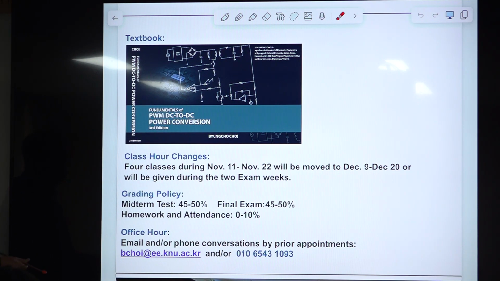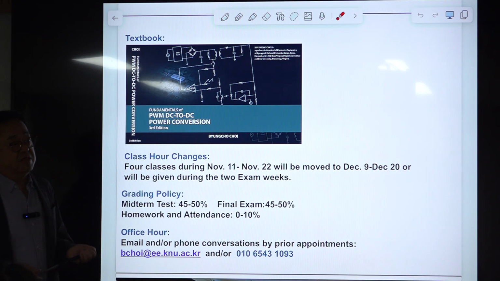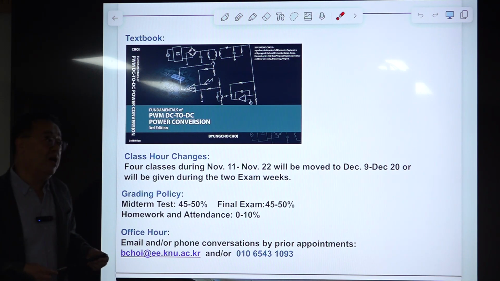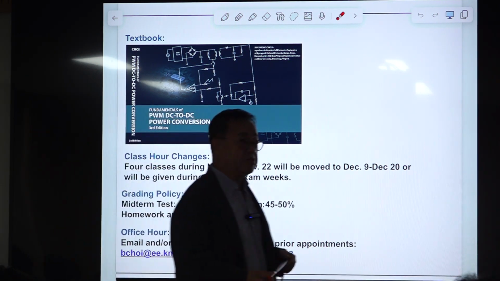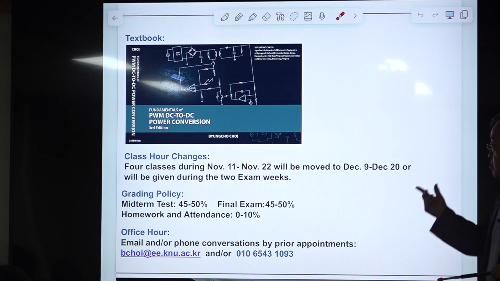So this is a very cost-effective book. I strongly recommend buying this book. I spent 10 years on this, and a lot of time writing this, drawing all the figures, and preparing the exercise problems and the solutions to those problems. So this is a good book.